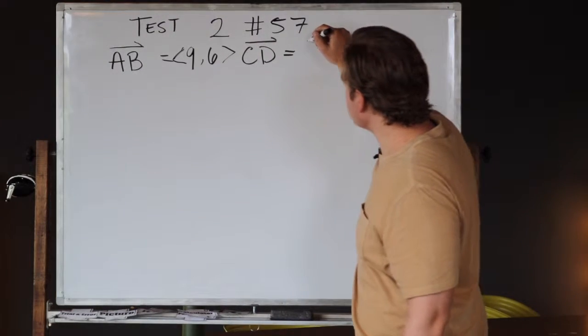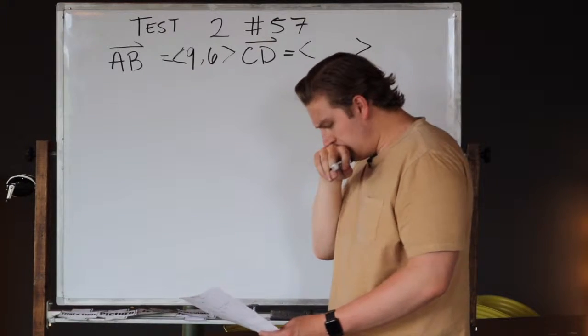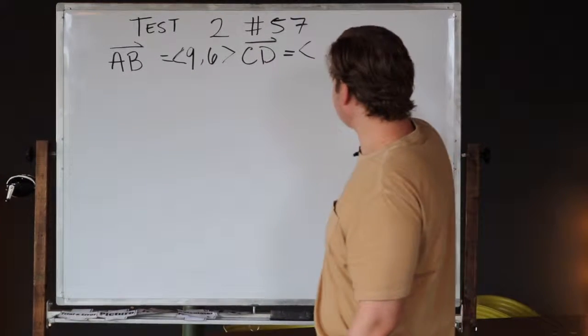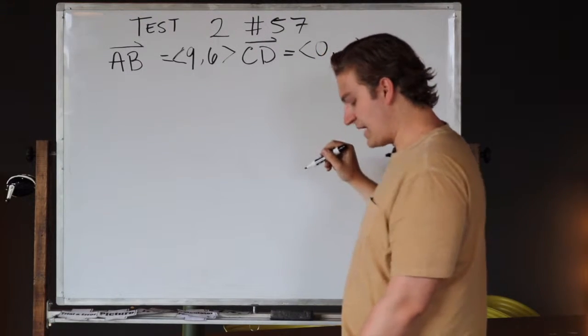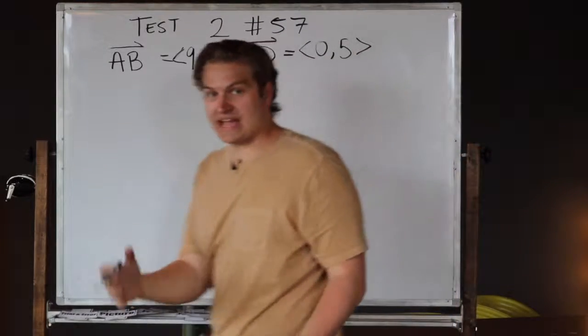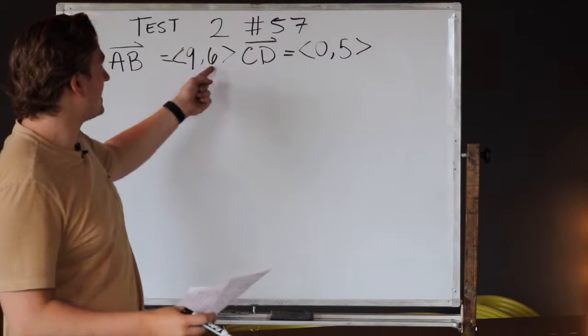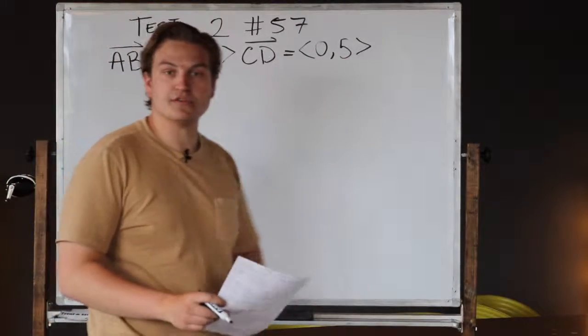Our vector CD, same kind of brackets, does not move at all in the left or right direction, but it moves up by 5. So our vector AB moves to the right 9 and up 6. Our vector CD does not move to the left or right at all, but it does move up by 5.